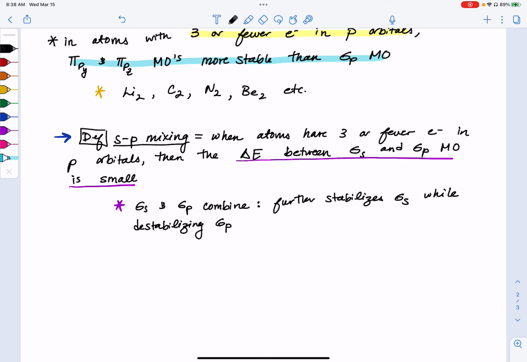This is also true for our sigma s star and our sigma p star.